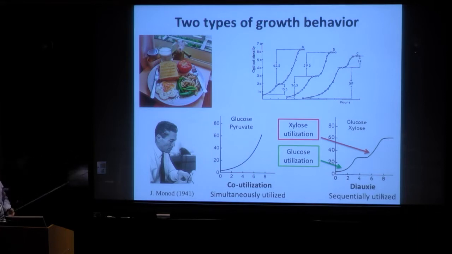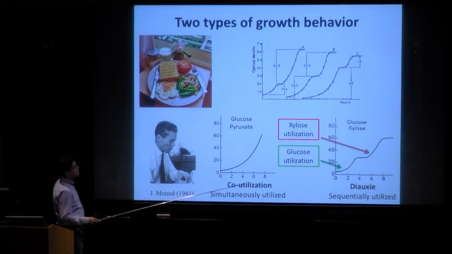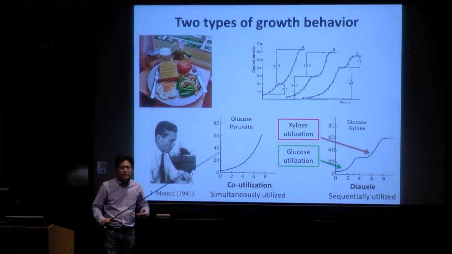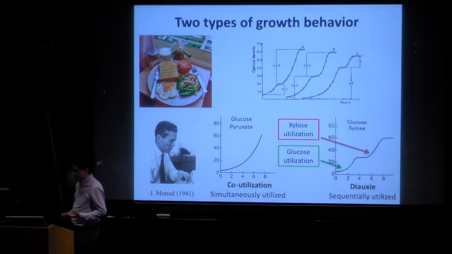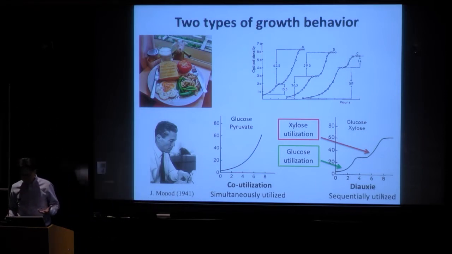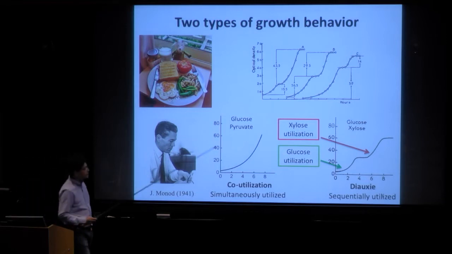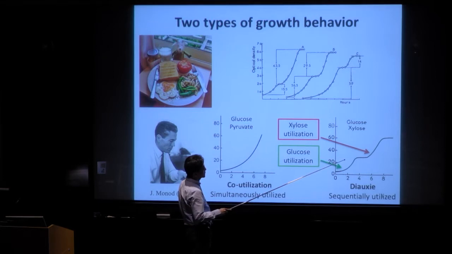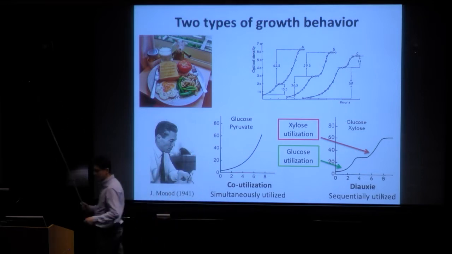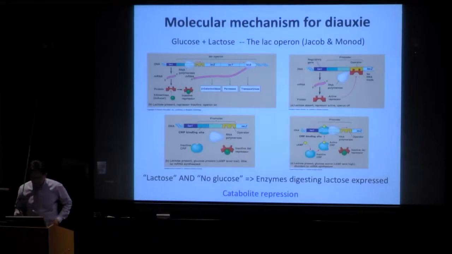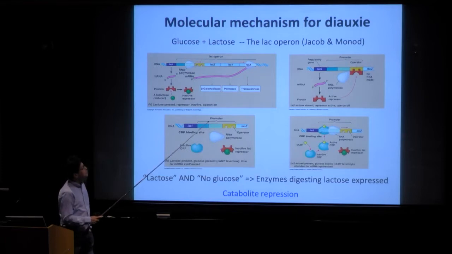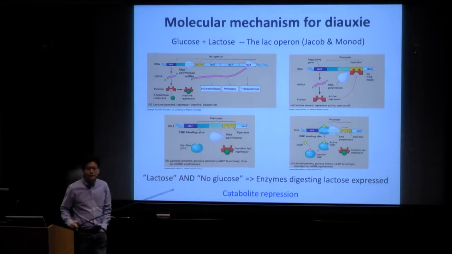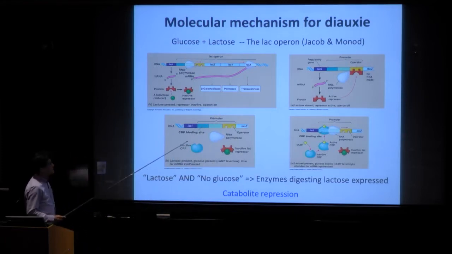After the war, he came back to this problem, but by then molecular biology had already been born, and he looked at the underlying genetic regulation for this phenomenon, diauxie. So he asked why bacteria can utilize one carbon source first. What's the mechanism? And then, as many of you know, with Jacob, they discovered the lac operon, right?